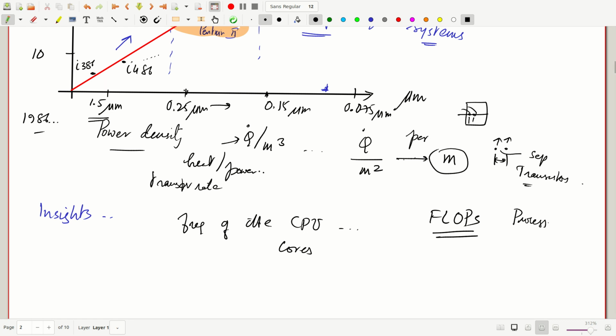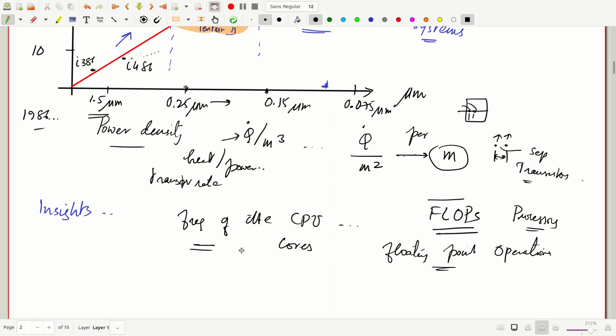Essentially, as a user, you are only interested in how many floating point operations a CPU can perform. These are called FLOPS. And the frequency of the CPU or the core is the base frequency of the core we are talking about, of the processor.